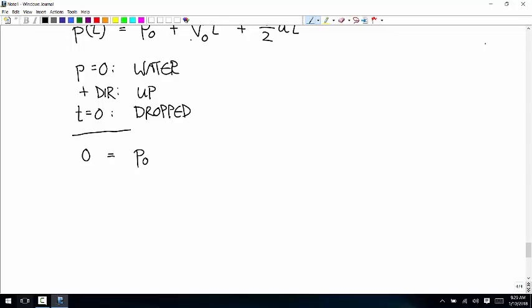Terminal velocity is not something that we deal with in problems like this, because terminal velocity is when the force of gravity is exactly balanced by the air resistance. Terminal velocity only happens when you're dealing with air resistance, and we're not here. Okay, so the velocity is 0 at time equals 0.